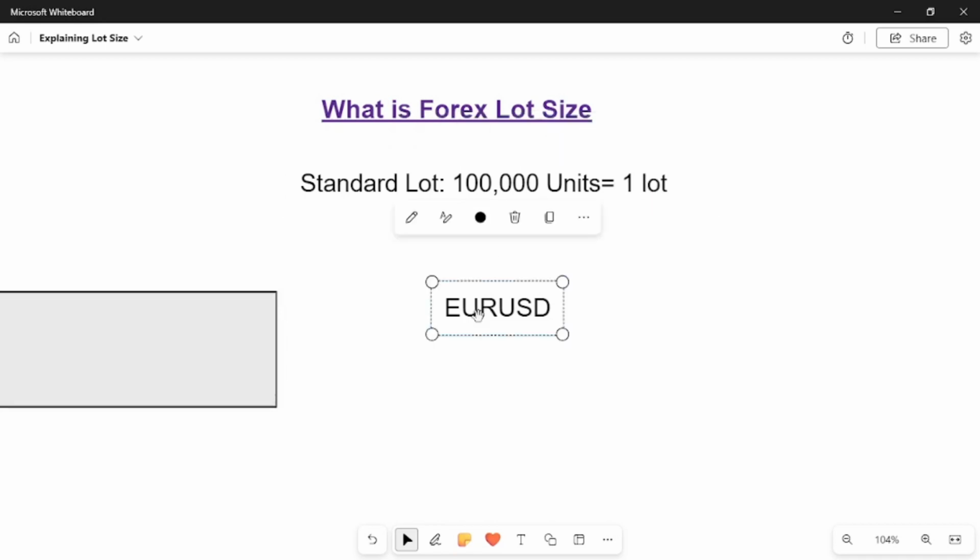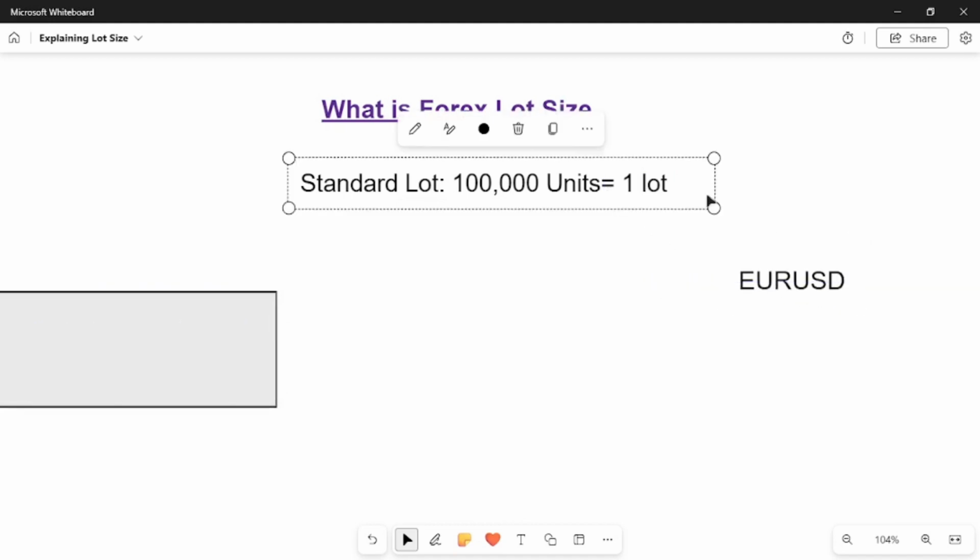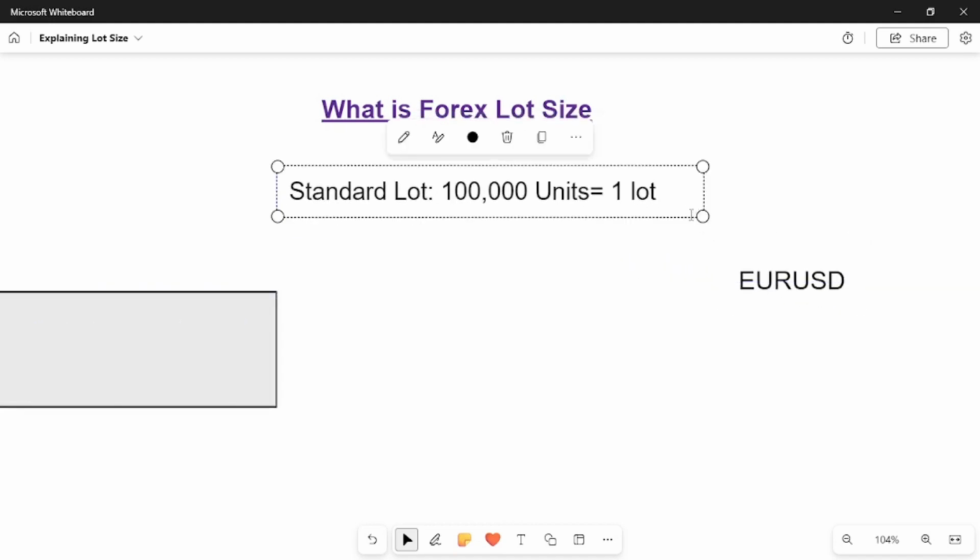One thing about using the standard lot is that every single movement in pip, let me say one pip, if one pip moves in the market, it will be equal to a $10 deduction or add-on.